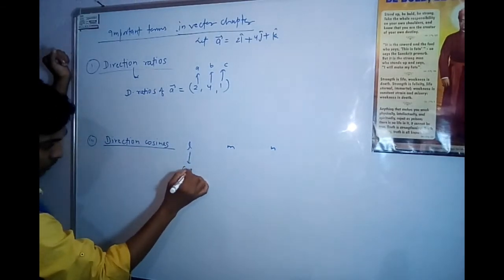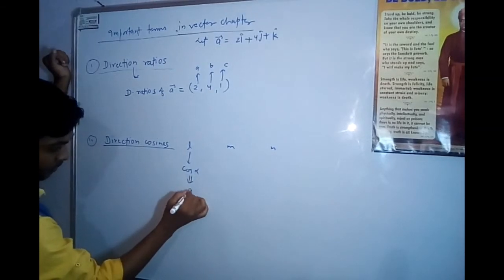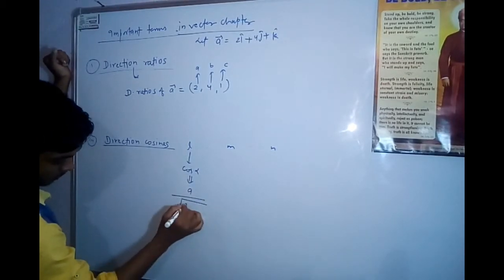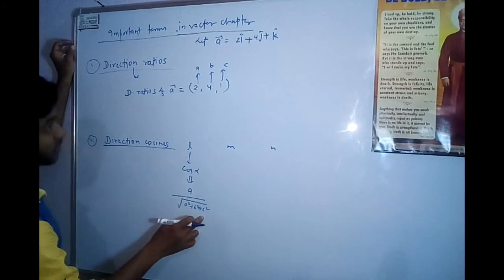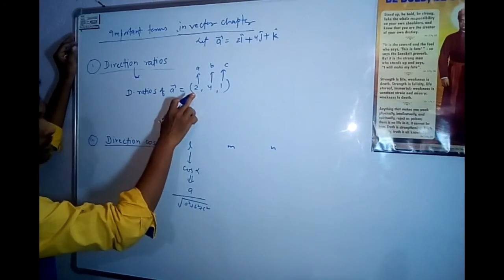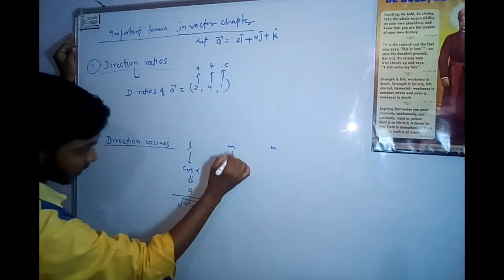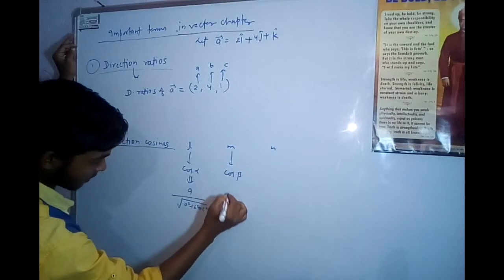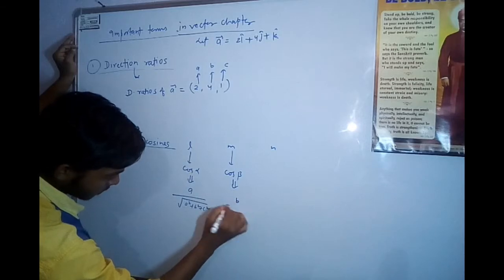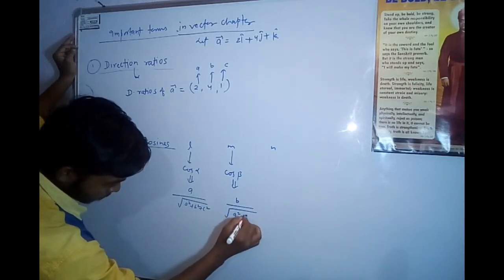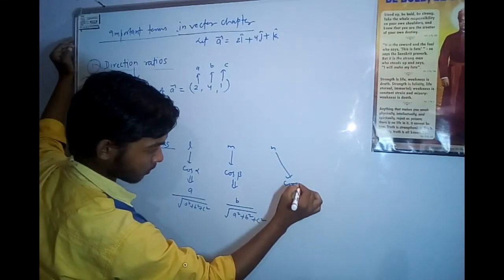l is basically cos alpha, and cos alpha, how can we write? a by root under a square plus b square plus c square. These are a, b, c: a is the x coordinate, b the y coordinate, c the z coordinate. m is cos beta, and this can be calculated as b by root under a square plus b square plus c square. n is cos gamma.